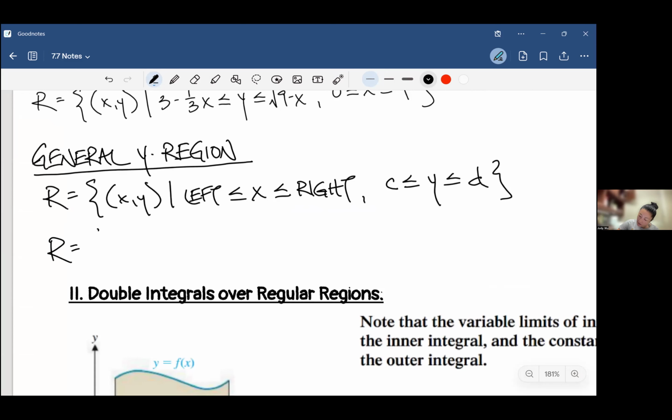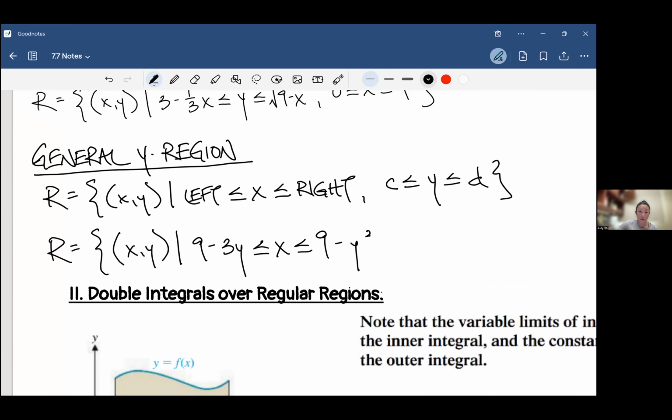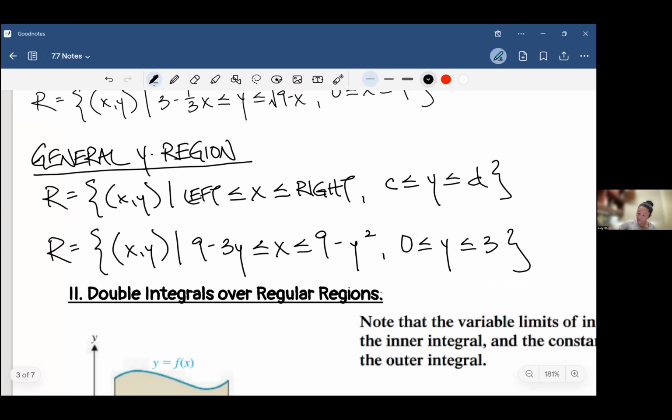R equals the set of (x, y) such that 9 minus 3y is less than or equal to x, which is less than or equal to 9 minus y squared. And we said that our y values are bounded between 0 and 3.